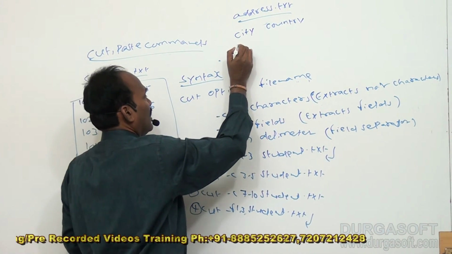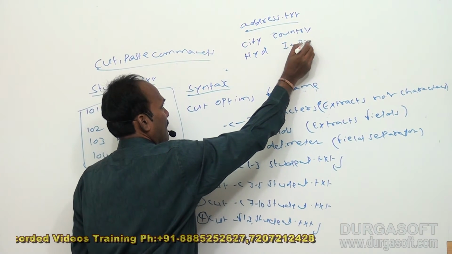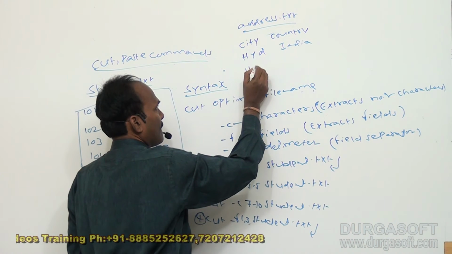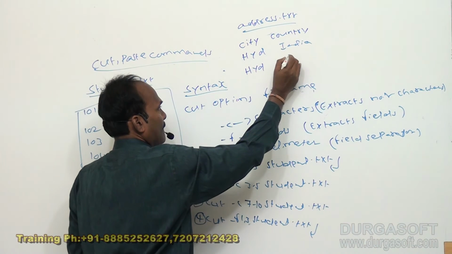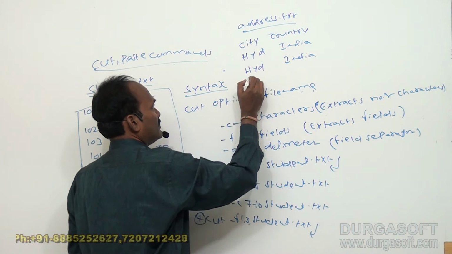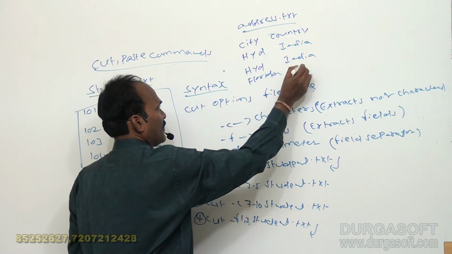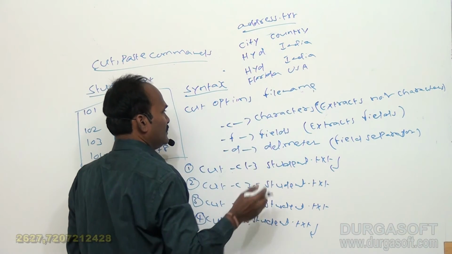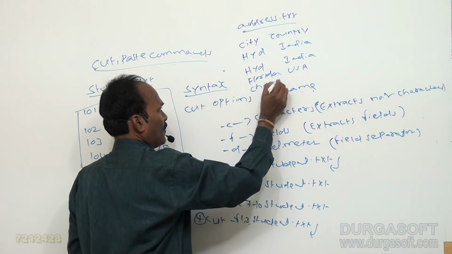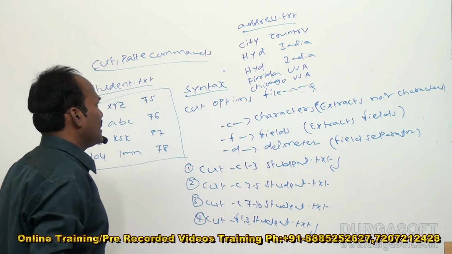Suppose city Hyderabad, country India. For this also the same, Hyderabad, India. For this, Florida, USA. For this also the third field is Chicago, USA. So what happens when I use the paste command?